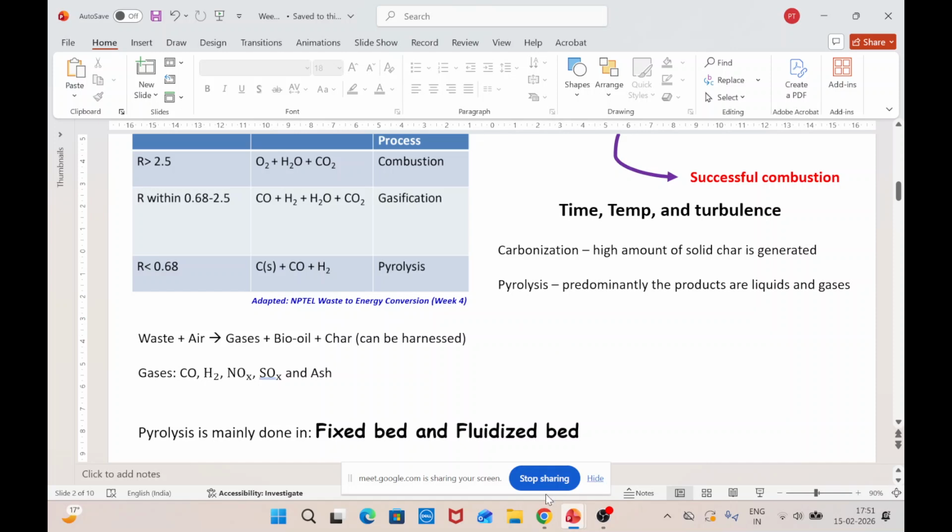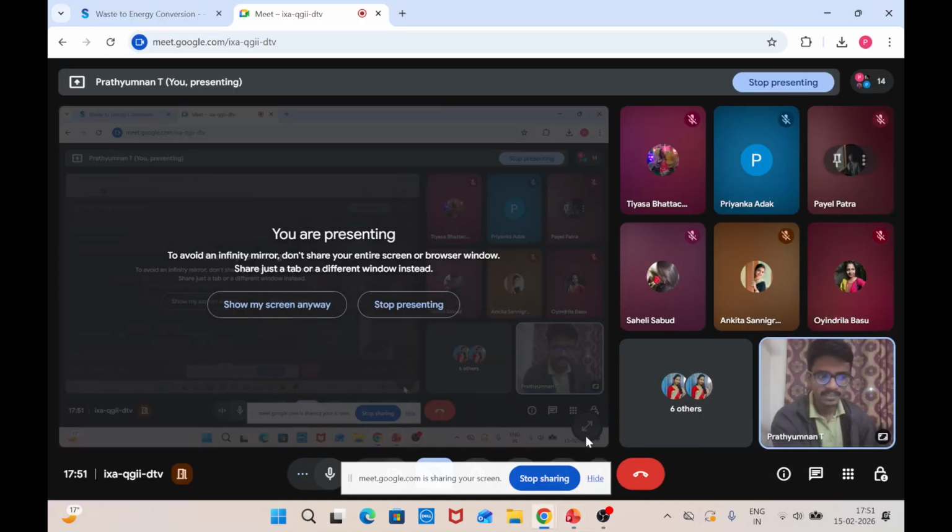Yes, anyone? How does increase in energy density help?